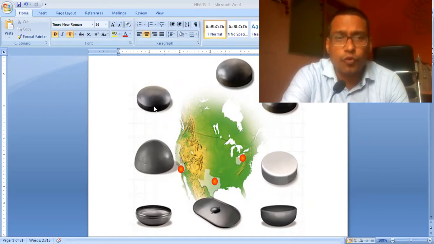Then it is provided with a certain curvature. Then gradually the curvature increases and finally reaches a hemisphere. So it is the difference of how you are going to make a curvature in a dished head.